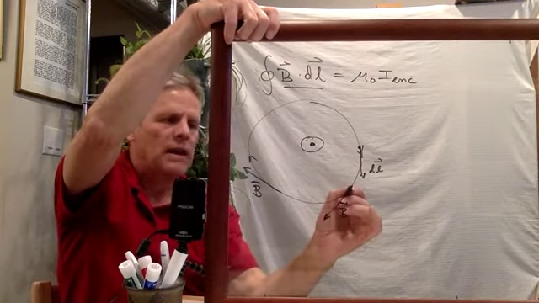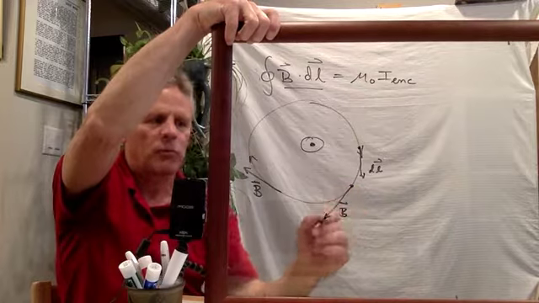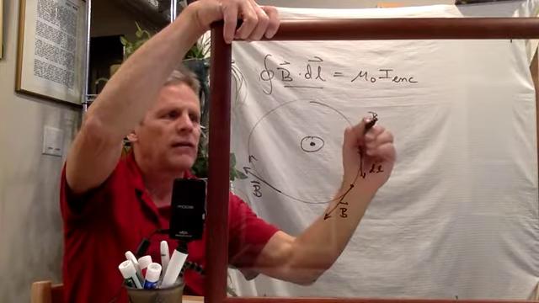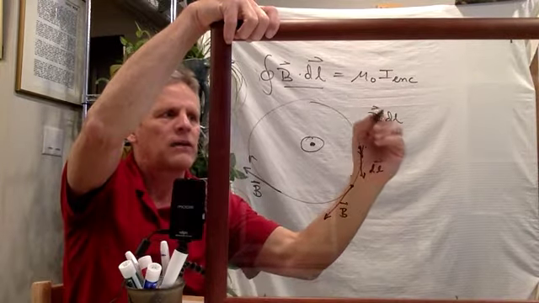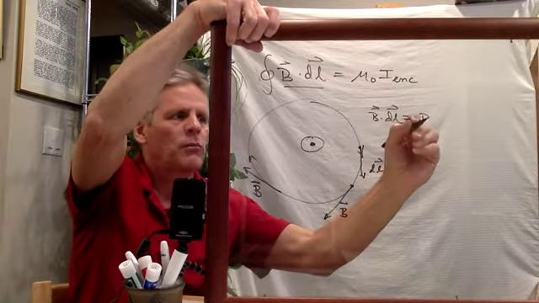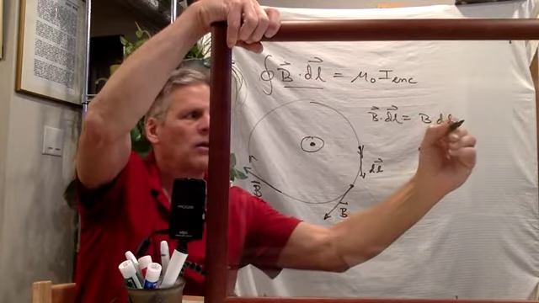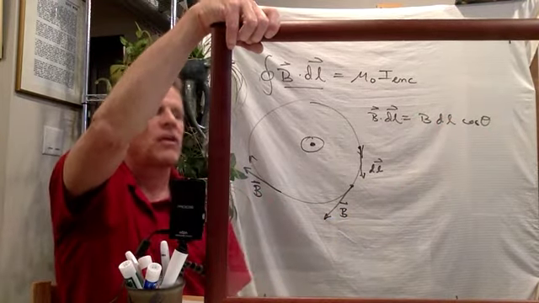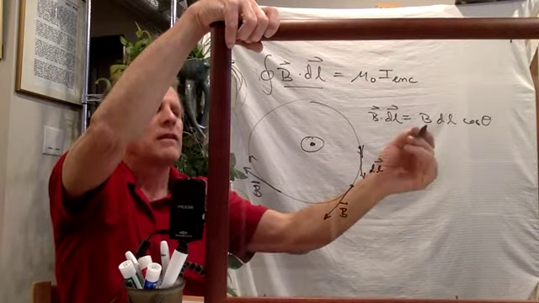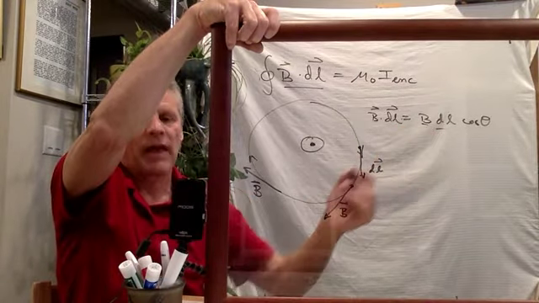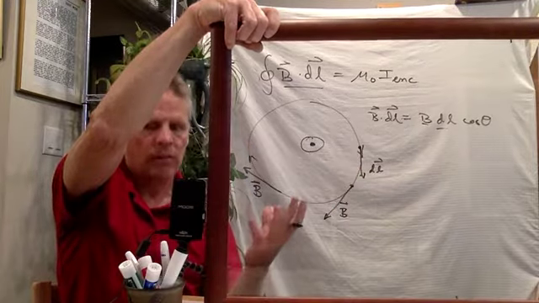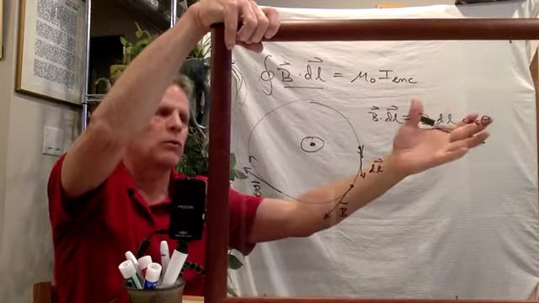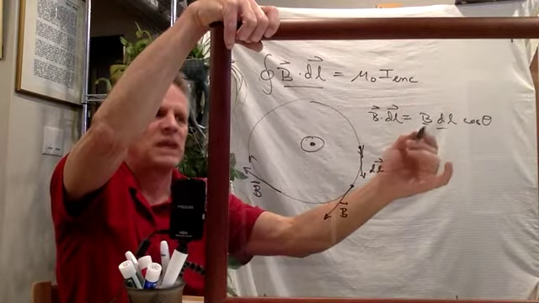So right here, where we are evaluating this B, what is B dot dl? Any two vectors dotted with one another is just equal to B dl cosine theta. Where theta is equal to 0, that is, B and dl are lined up in the same direction, cosine theta will always be equal to 1, and so it will always be B dl.